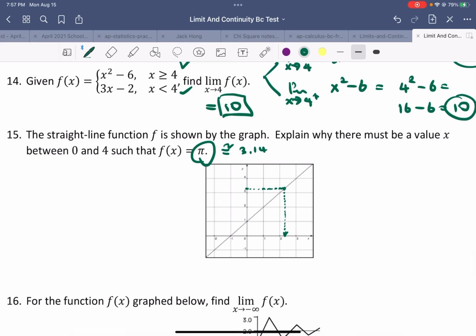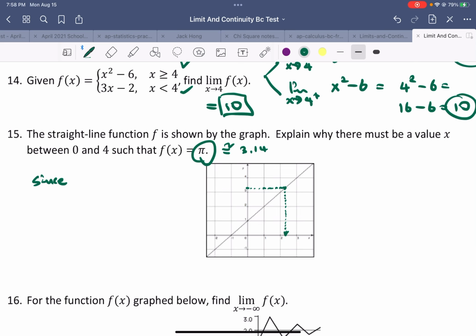We know that this is a continuous function, as you see on the graph. So you can say by the intermediate value theorem, IVT, we already talked about it, there must be a value of x between 0 and 4 where f of x equals pi. So you can say it this way. Since f of x is continuous, because it's a line, right?